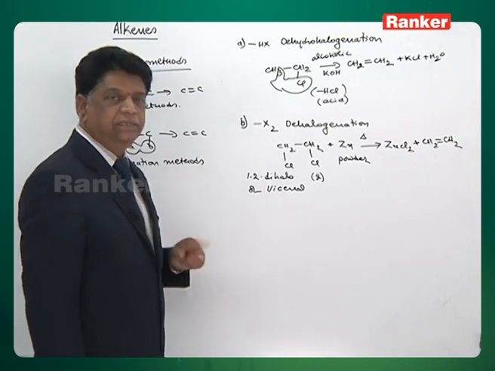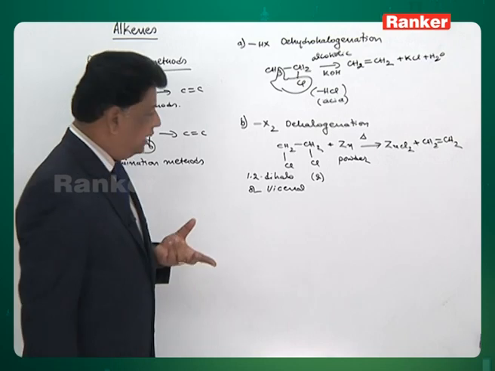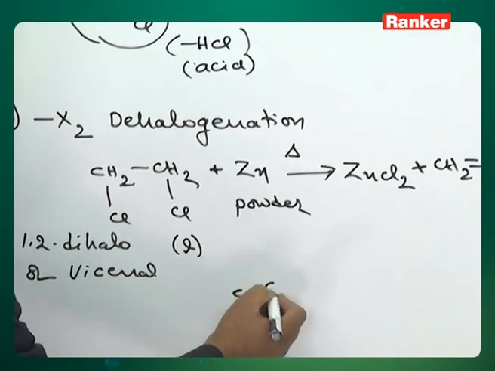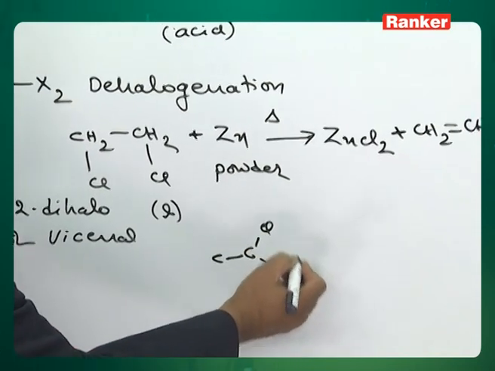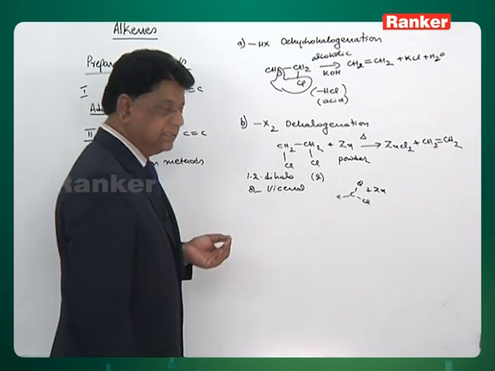If 1,1 is taken, you will get a joining type of reaction and you will get 2-butene in a clubbed manner. For example, if two halogens are like this, you take zinc, just like the Wurtz reaction, an extension reaction.